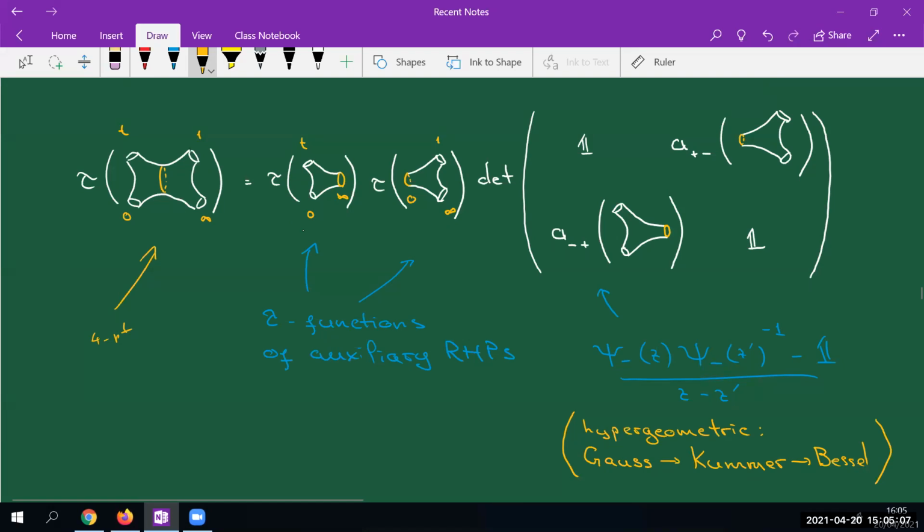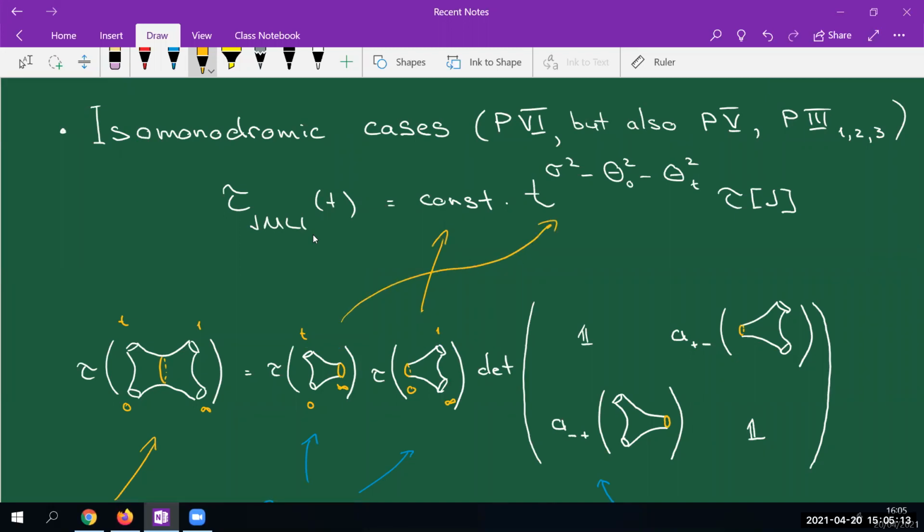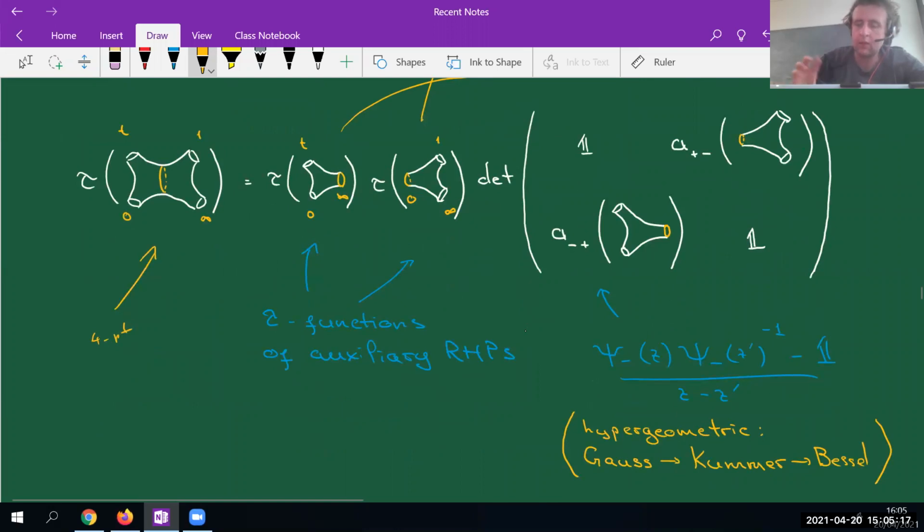So this gives a constant, this gives this prefactor here. And there is this determinant of an integral operator whose kernel is determined by the auxiliary Fuchsian systems that we have introduced.